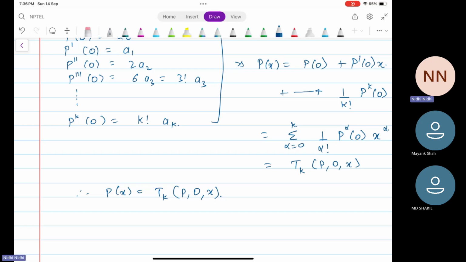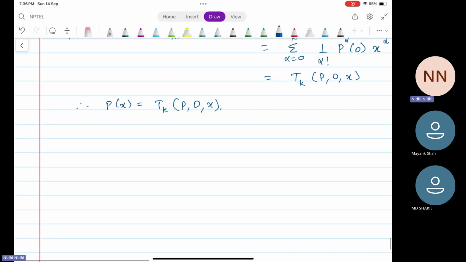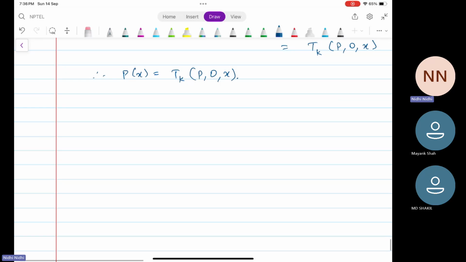So let's do something for n equal to 2 also. Now we have two independent variables. Suppose k equals 0. K equals 0 means the polynomial is just a constant polynomial, the degree is 0.